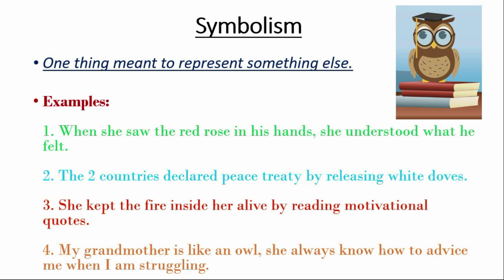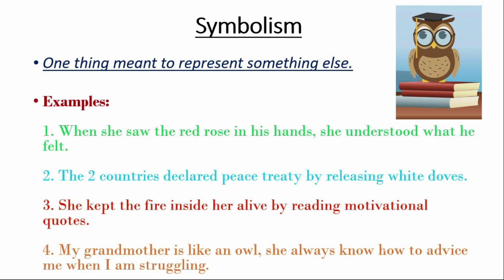Now we're coming to the second last literary device, which is symbolism. So symbolism is very easy. Symbolism is where one thing is written, but it is meant to represent something else. Means that word actually symbolizes something else. That is called symbolism. Let me give you an example to explain.